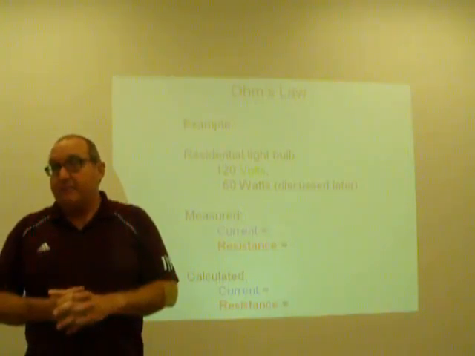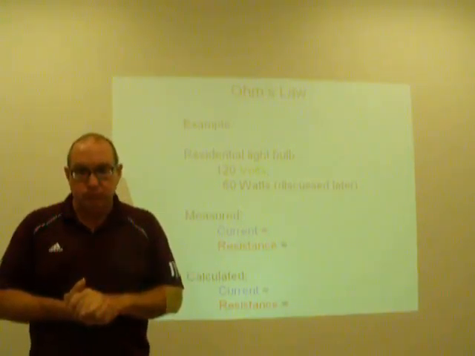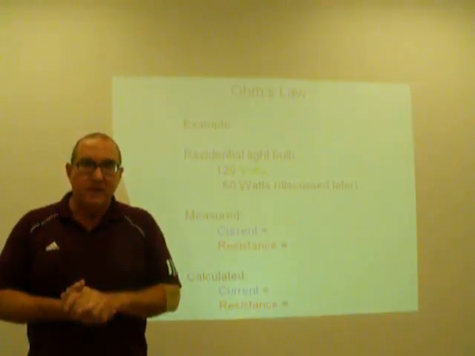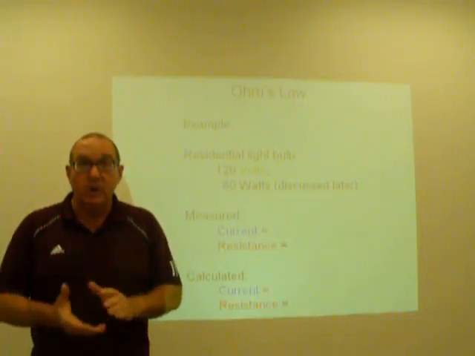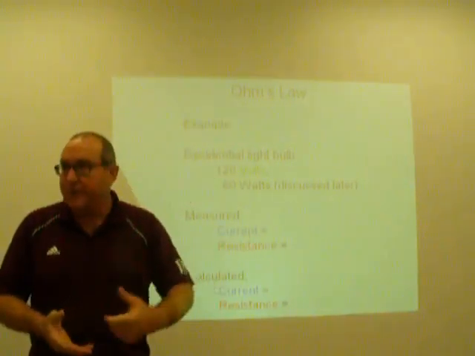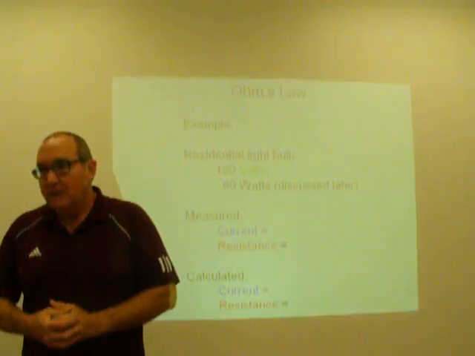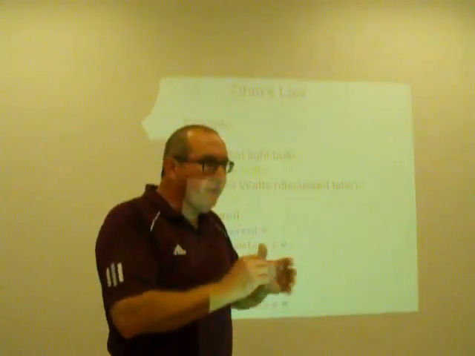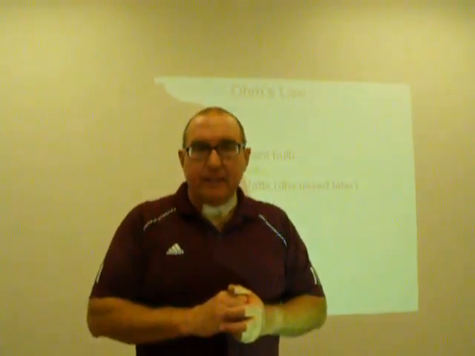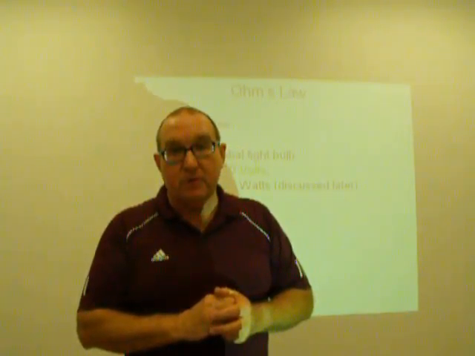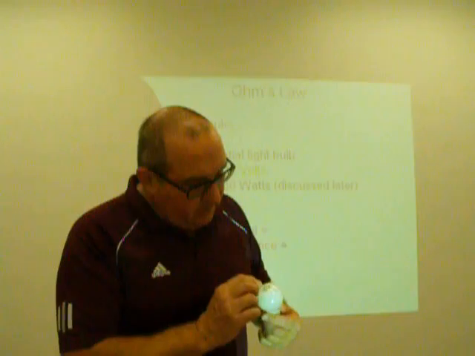I have a 60-watt residential light bulb, and residential voltage is typically 120 volts if you were to measure it at a receptacle. So I did that earlier. I measured the voltage in a receptacle and determined that it was in fact 120 volts. And the light bulb that I have here in my hand is 60 watts.